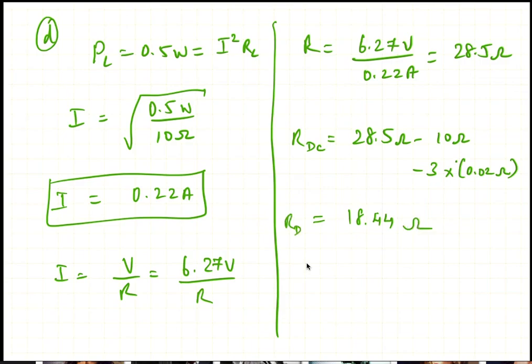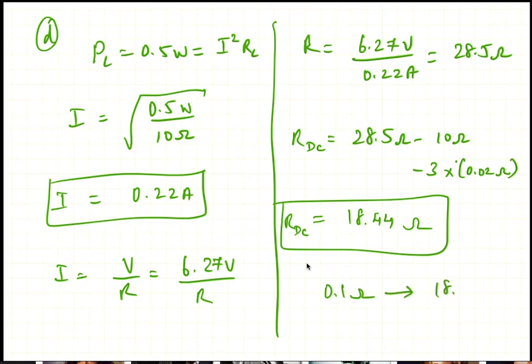So the internal resistance of the dry cell went from 0.1 ohms to 18.44 ohms as it died.